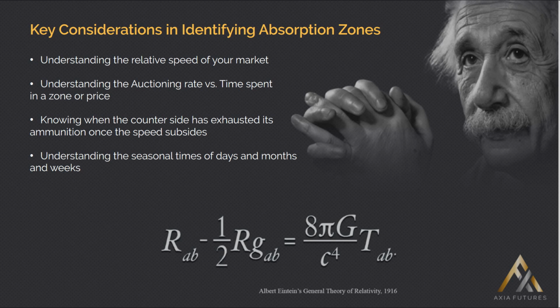And then also knowing when the counter side has exhausted its ammunition once the speed subsides. So if there is an iceberg order and you're trading within it, but also understanding once the iceberg really starts exhausting the other side of the market. So if you have an iceberg on the sell side sitting on the offer at 50, and all of a sudden all the buyers are effectively trying to lift the offer, and the iceberg keeps on reloading, then the buyers just start becoming lethargic and they're not able to buy as aggressively as they did, and then it's now moved from 1,000 lots per minute to 400 lots per minute to 100 lots per minute.